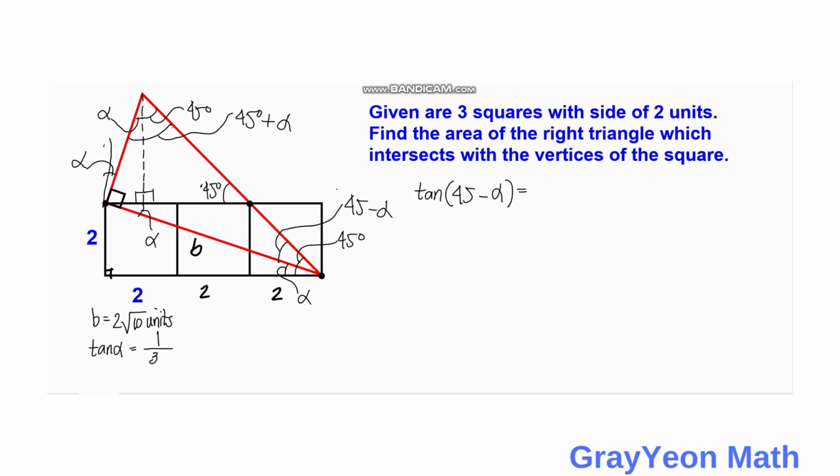Okay, so next thing that we need to do is use the formula for the difference of angles for tangent.